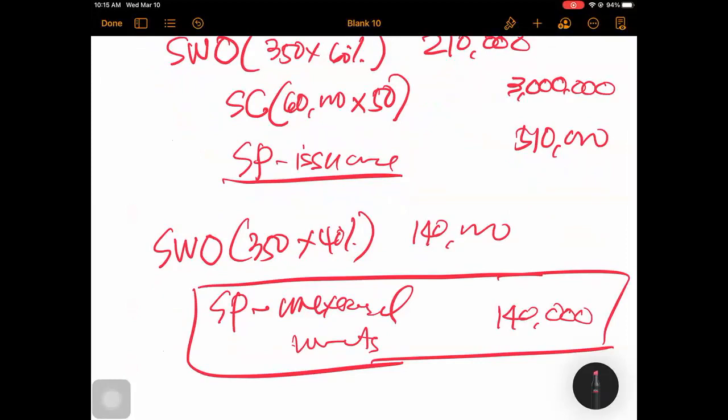Okay, question for bonds payable with share warrants. Medyo dili kayo complicated ang bonds payable with share warrants compared to convertible bonds. Question. Before we proceed with convertible bonds, second type of compound financial instrument.